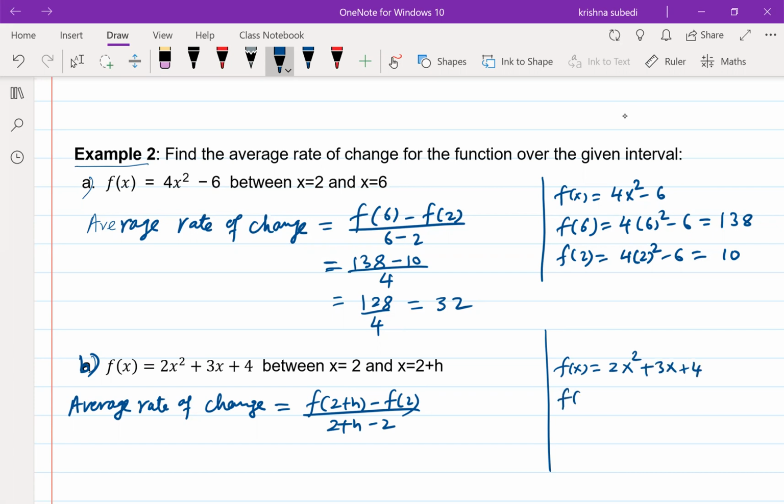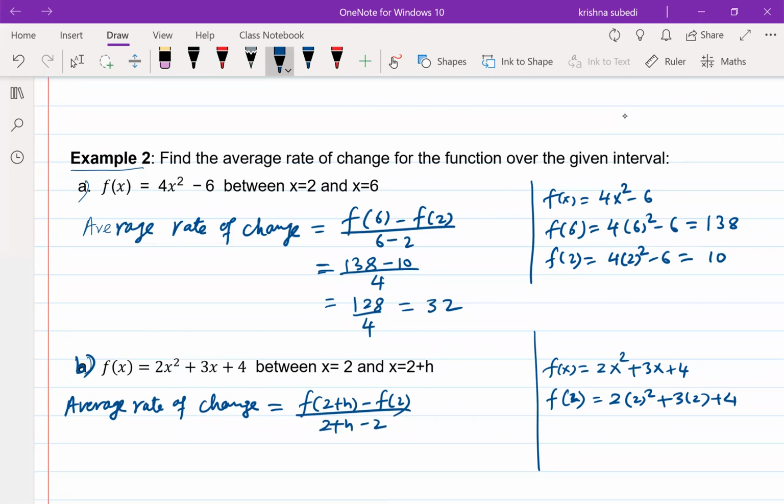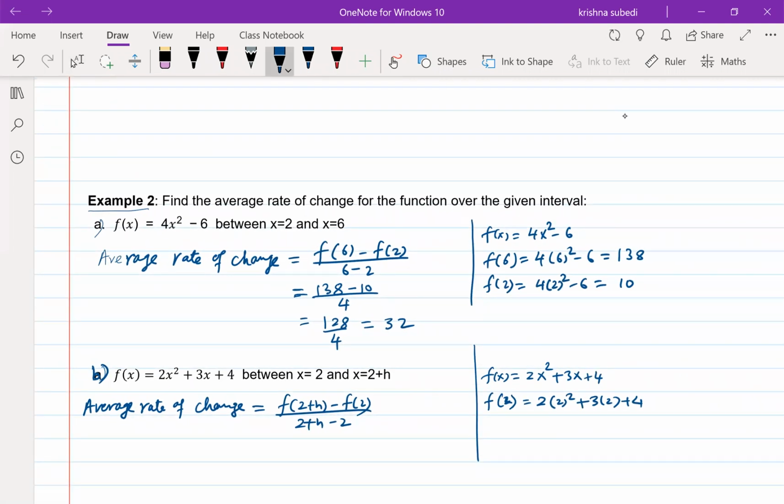So f of 2, let me just calculate f of 2 first, which gives me 2 times 2 squared plus 3 times 2 plus 4, and that equals 18, and f of 2 plus h is 2 times 2 plus h squared plus 3 times 2 plus h plus 4.